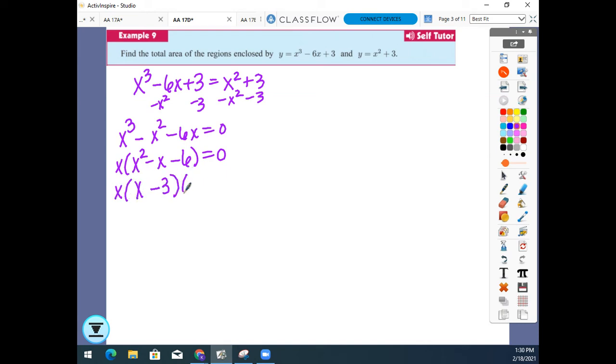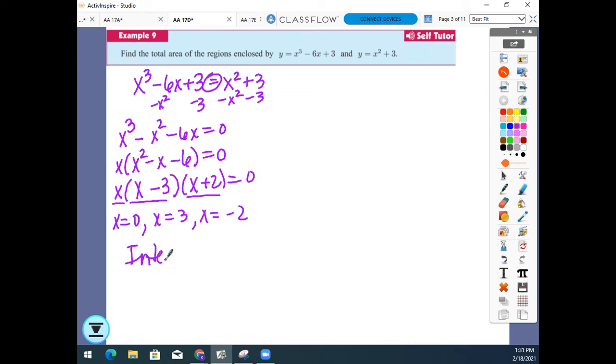Notice how much we're factoring, but none of them are hard, so that's good. All right, now we have 3 x's, 3 places that they intersect: at 0, at 3, and at -2. We set them equal to find the intersection points.